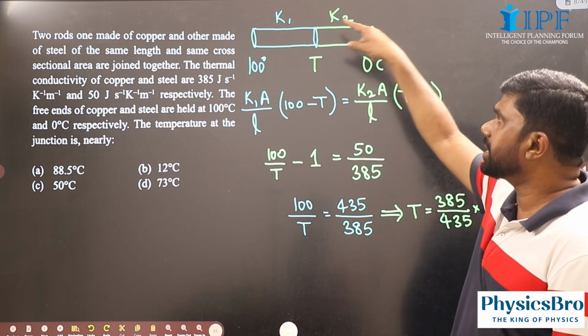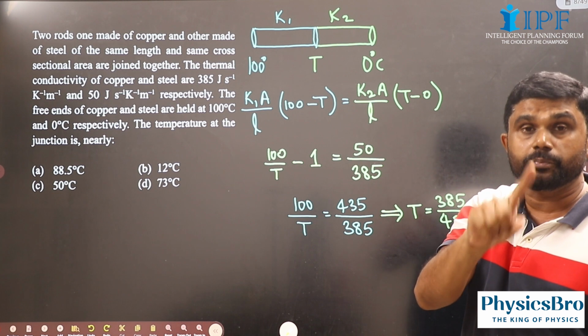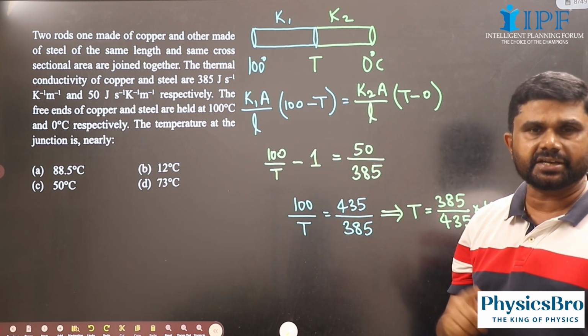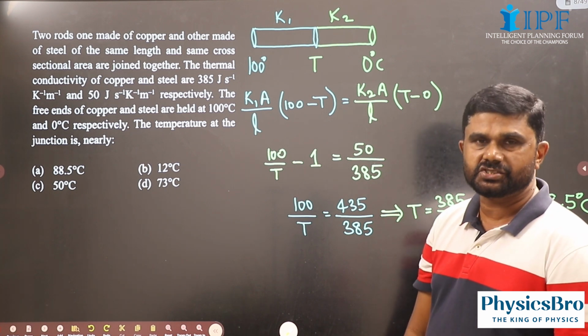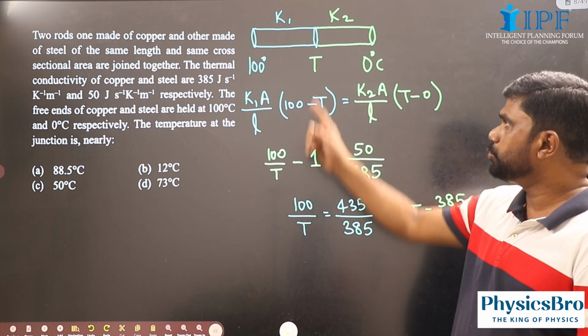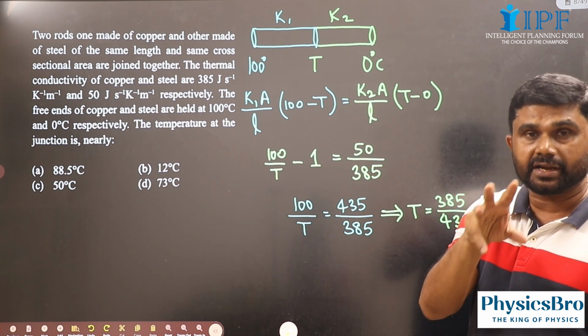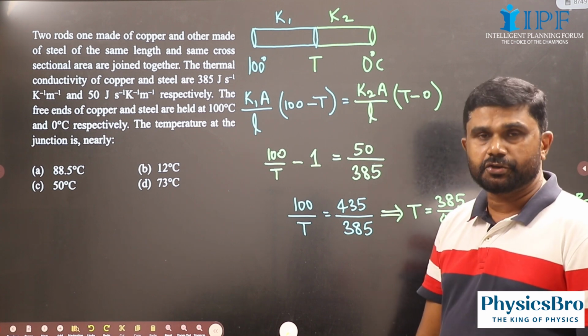These two rods are connected in series, so the rate of flow of heat through both the rods will be the same. See, when two resistors are connected in series, electric current will be the same through both. Similarly, when two conductors are connected like this, the rate of flow of heat through both will be the same.